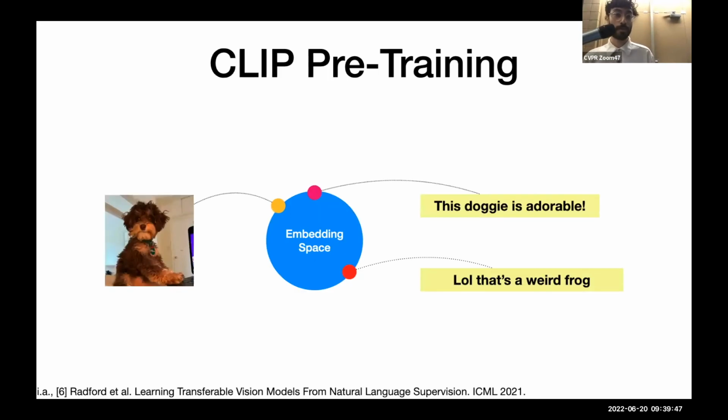Similarly, we have some fun objectives in vision. There's this CLIP objective wherein we try to align representations of images and corresponding captions in a feature space. So here we have this dog and then the caption, "This doggy is adorable." And we want the features for these things to be very close in some embedding space and far away from this dissimilar concept of, LOL, that's a weird frog.